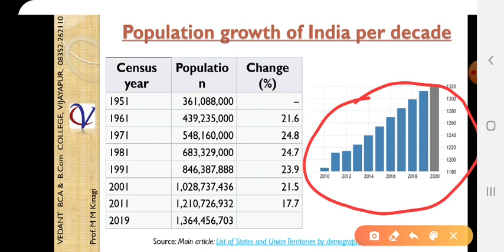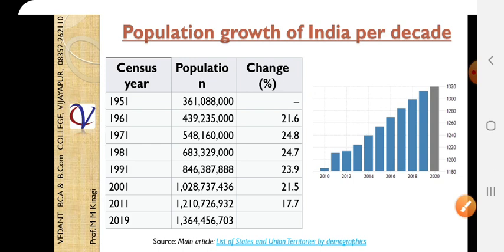So every 2 years, the population has been increasing by 2 to 4 crores. In 2020, it is 132 crores. This is how every 10 years we do the census.